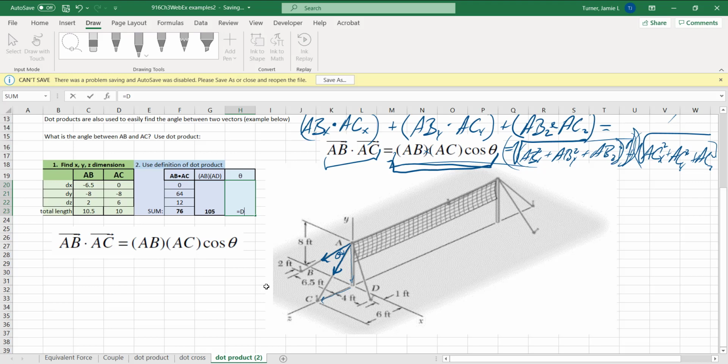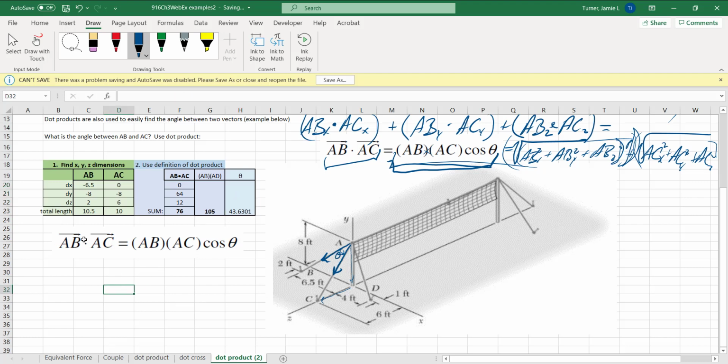So I'll turn these into degrees, a cosine, and I'm looking at the magnitude of the dot product divided by the magnitude of these two guys multiplied by one another. Okay, so that would be the angle between those two vectors.